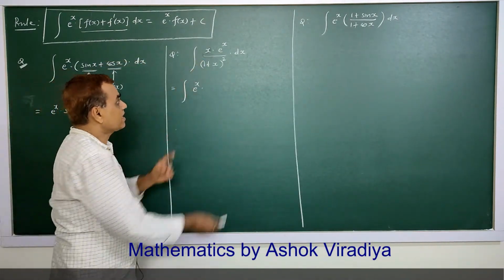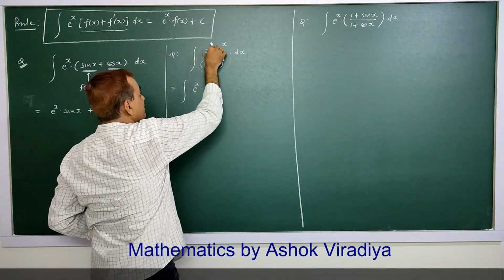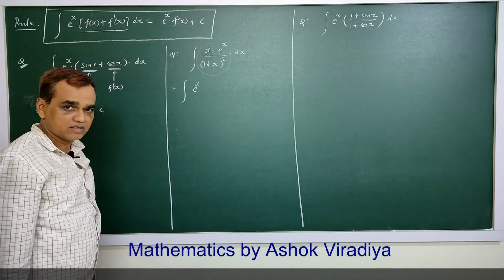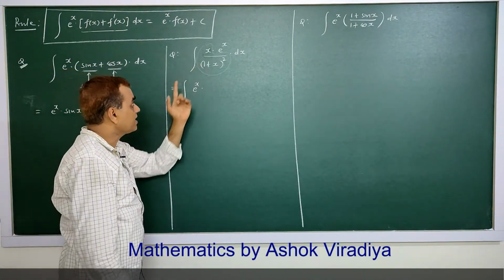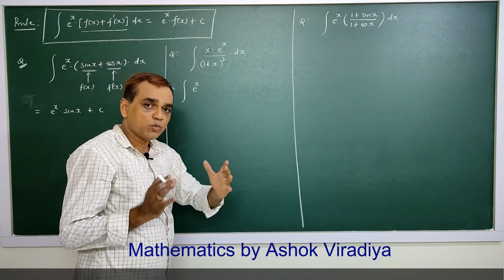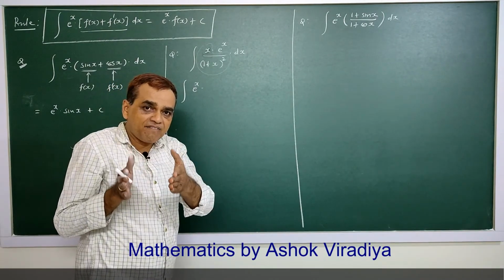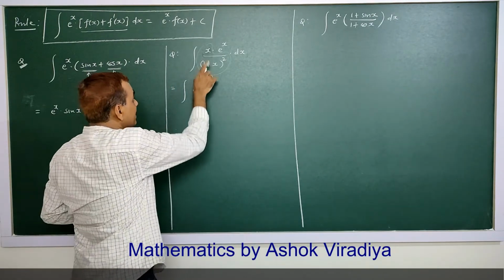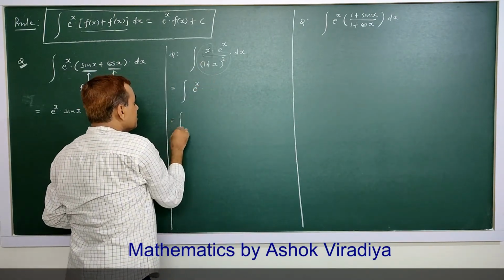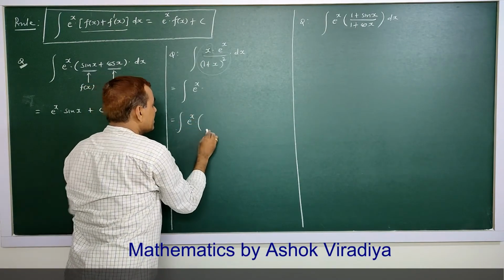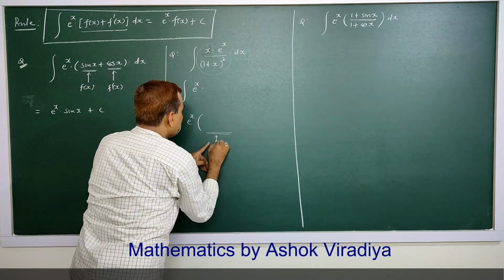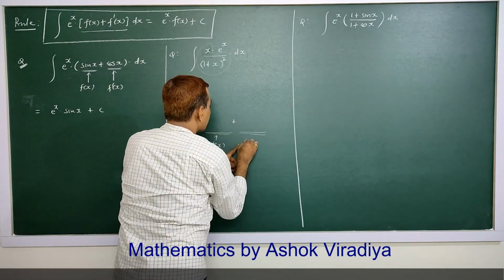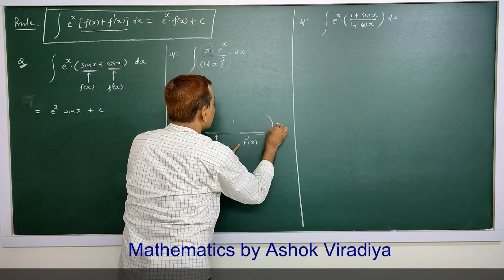Now this remaining part, we try to convert in this pattern. So split up this part in such a way that one part is f(x) and the other part is f'(x) dx.